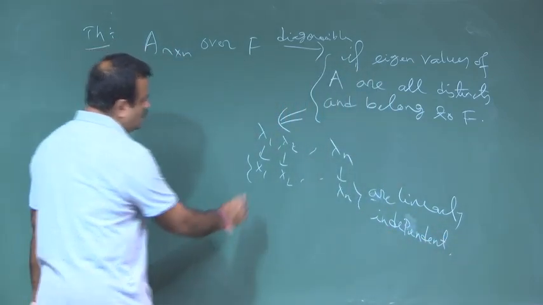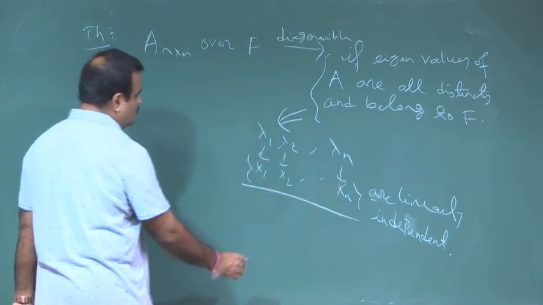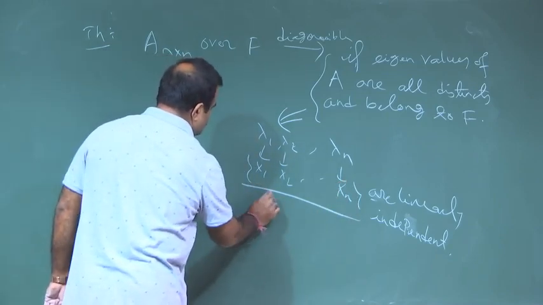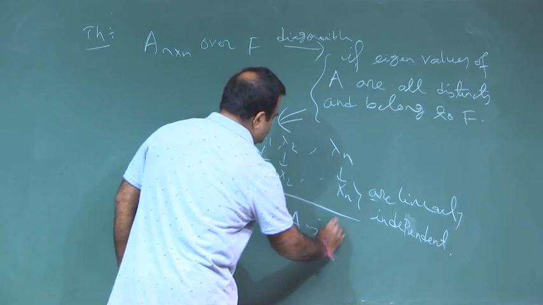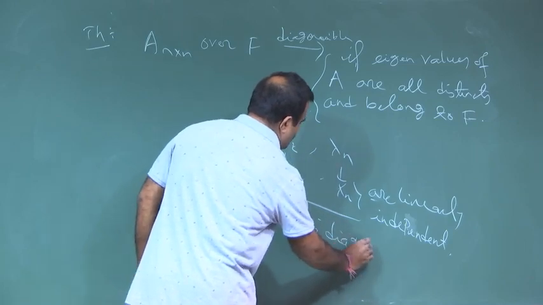Once we get a linearly independent set of n vectors, that implies A is diagonalizable.